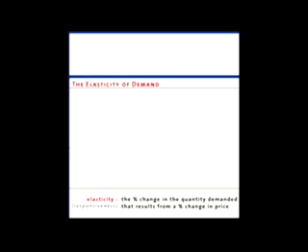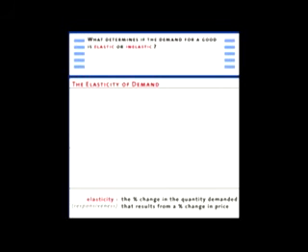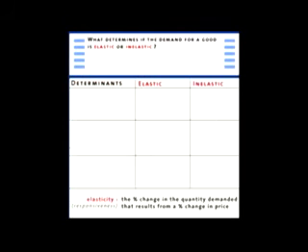What determines whether the demand for a product is elastic, that is, very responsive to changes in the price of the product, or whether it's relatively inelastic, that is, a large change in the price of the product may not produce a sizable change in the quantity demanded? What's the difference between goods with elastic demand and goods with inelastic demand?